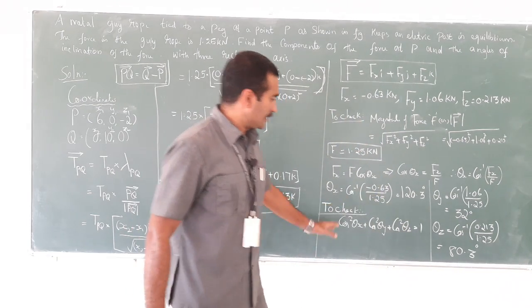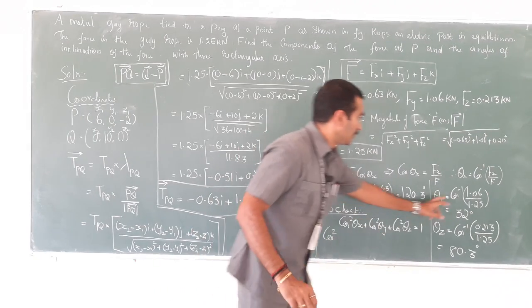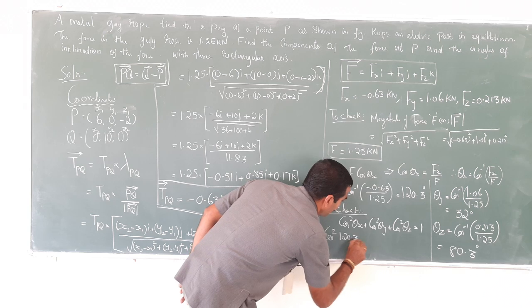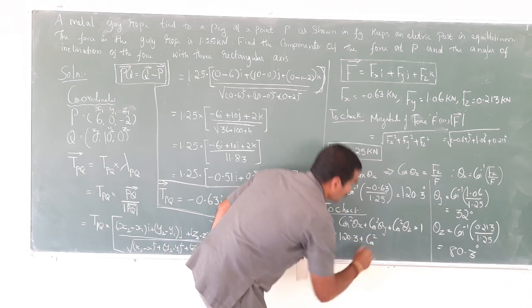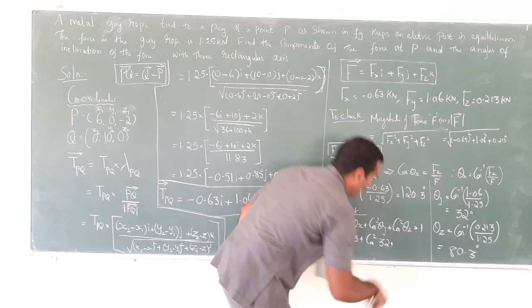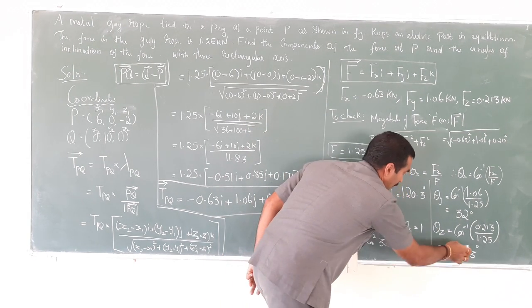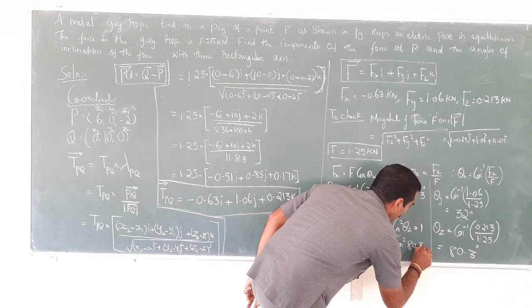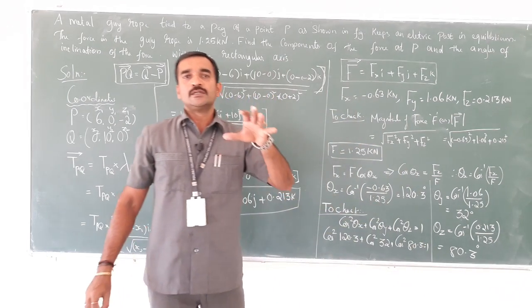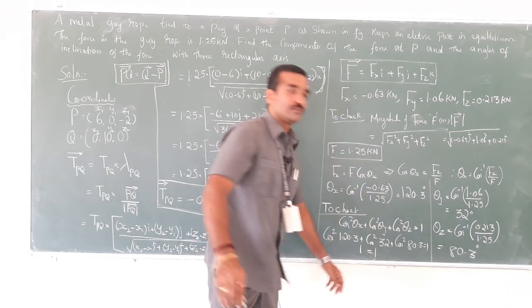If you feed in these values, cos squared of 120.3 plus cos squared of 32 plus cos squared of 80.3 equals 1, you will get 1 equal to 1.